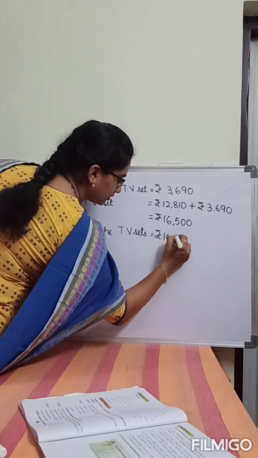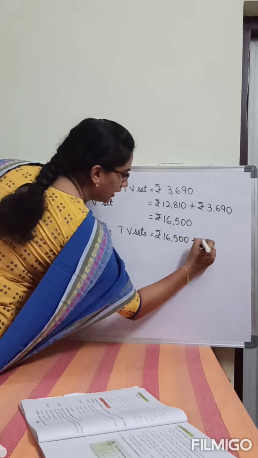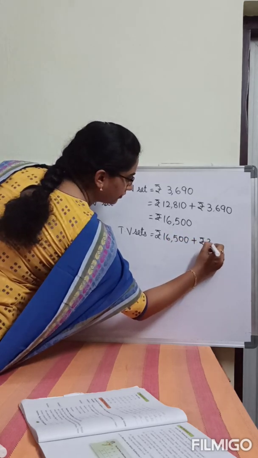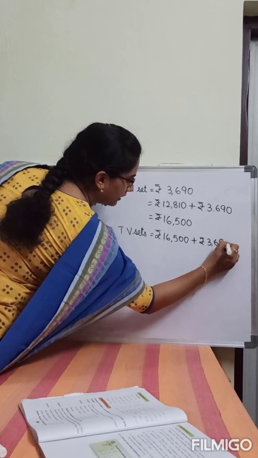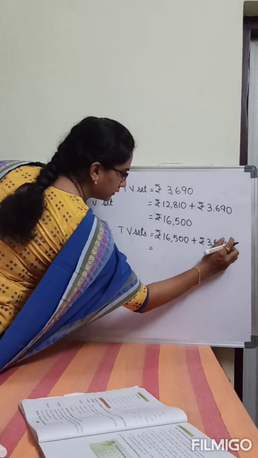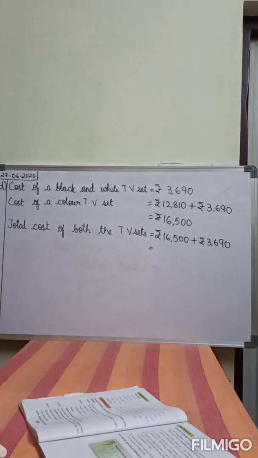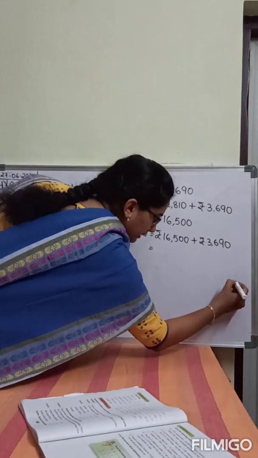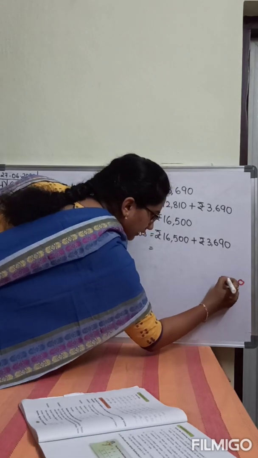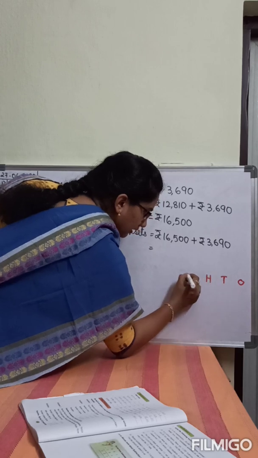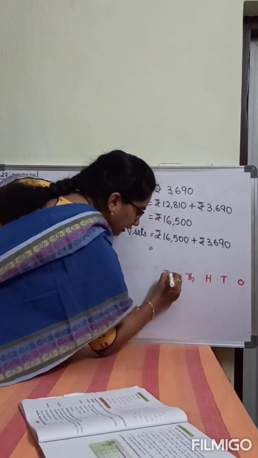This is the cost of color TV set and this is the cost of black and white TV set. How much is it? We will add in the rough column or you can add it there and write. Let us add in the rough column. First I will write the place values. Ones, tens, hundreds, thousands and 10,000s.